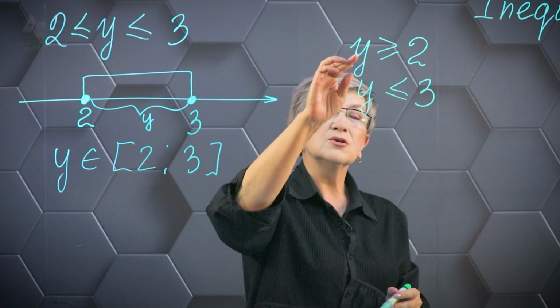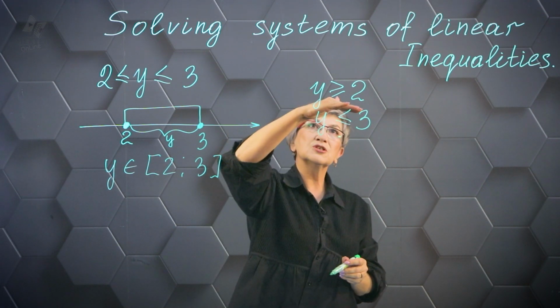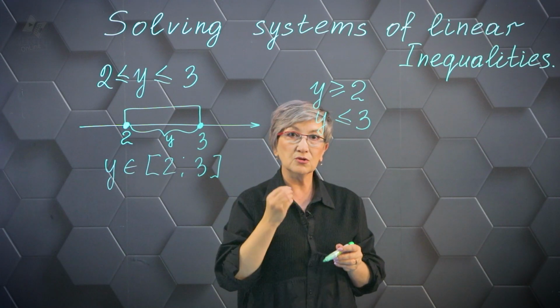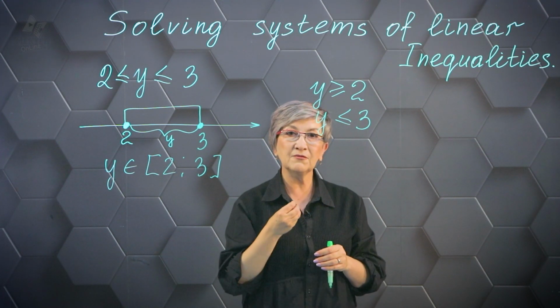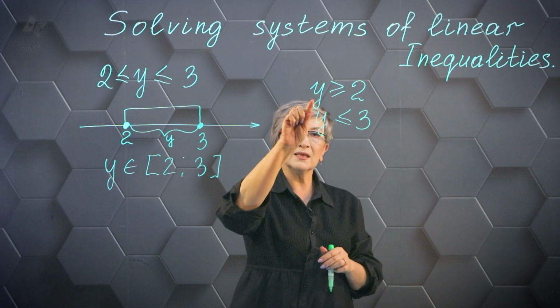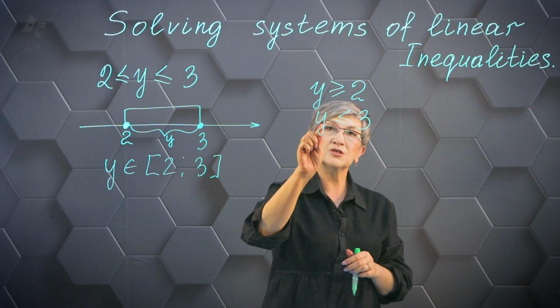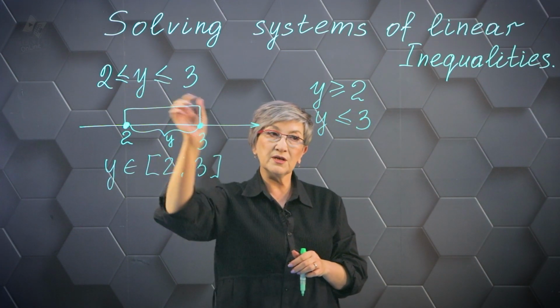Notice that our variable must simultaneously be greater than or equal to 2 and less than or equal to 3. If this condition is satisfied simultaneously, the values of our variable will be at least 2 and at most 3, which is shown as a double inequality.